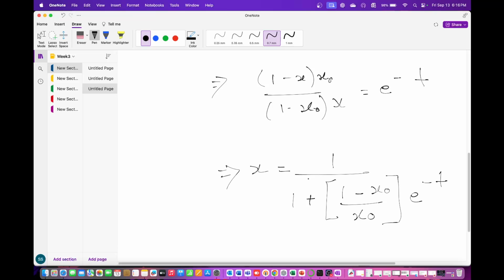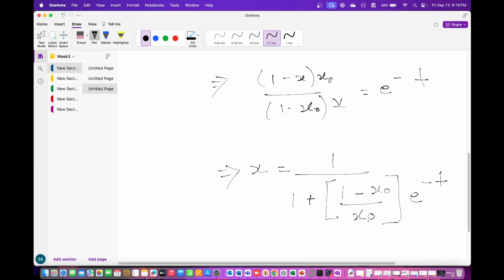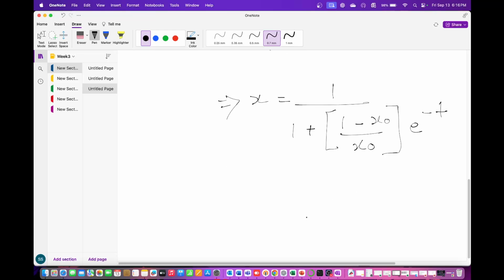Now the question has asked what would be the size of the infected population on the 100th day. So your t here equals 100, and you put x naught equal to 0.1 here.